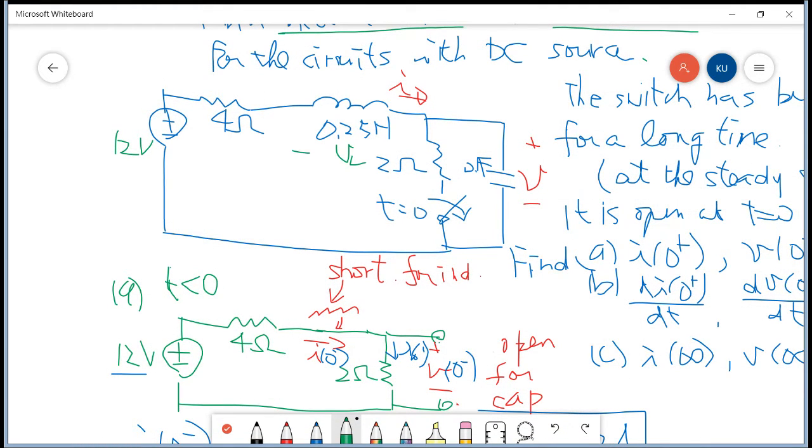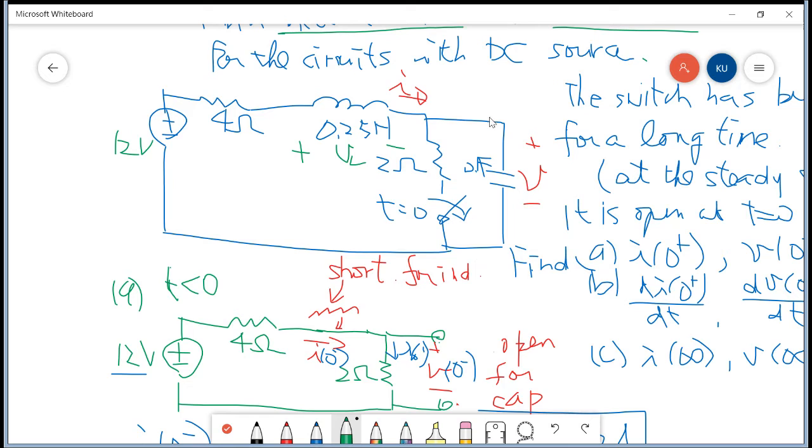VL. This is plus, this is minus. So it is the voltage difference between this node and this node. And hopefully we know that V(0+) is 4 volt.